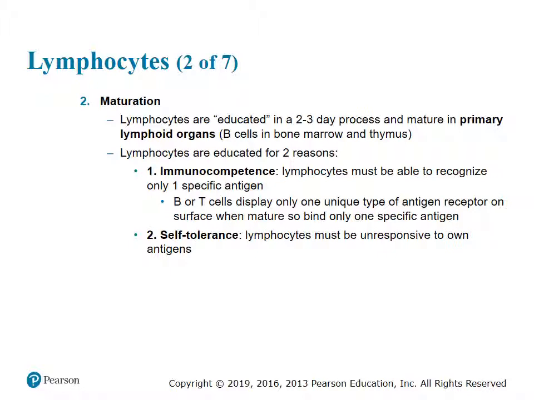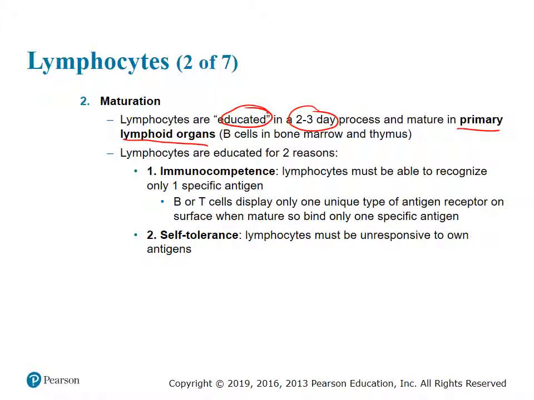The second part is maturation. This is actually growing up, getting stronger, becoming adults, or trained, if you will, B and T lymphocytes. Once lymphocytes are made, they take an education period of about 2 to 3 days, and it occurs in the primary lymphoid organs.